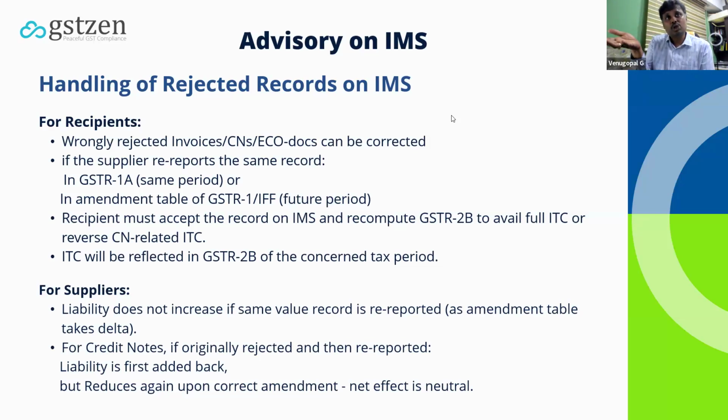If the recipient chooses not to reverse a credit and rejects it, it goes back to the supplier and adds as a liability in the next month. Now, most of the suppliers were complaining, saying that they don't know who has rejected these credit notes. GSTZen thankfully has a feature to list out the IMS dashboard of the supplier, showing whose invoices have been accepted and rejected. Yeah.